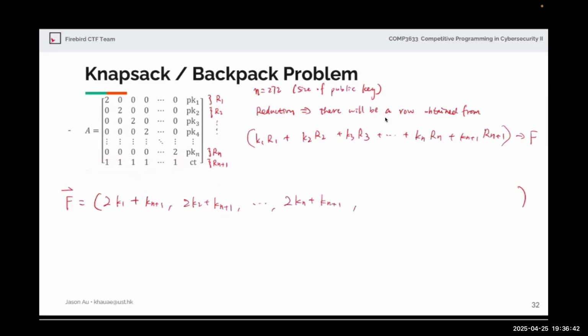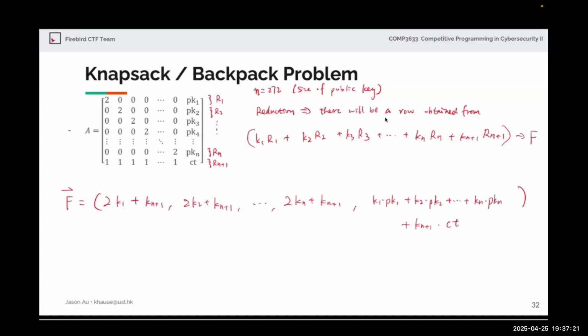Okay, and the last one, the last row. So this corresponds to this column, this corresponds to this column, the nth corresponds to this column, and then the last one. So we have K1 times public key 1, and then we have K2 times public key 2 plus, and the last one is Kn times public key n, plus Kn plus 1 times the ciphertext.